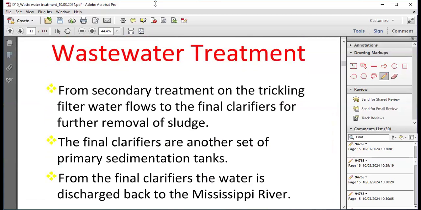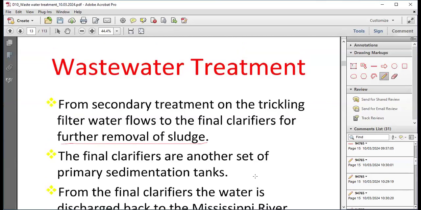From secondary treatment on the trickling filter, water flows to the final clarifiers for the further removal of sludge. The final clarifiers are another set of primary sedimentation tanks. From the final clarifiers, the water is discharged back to the river, the Mississippi River, right?